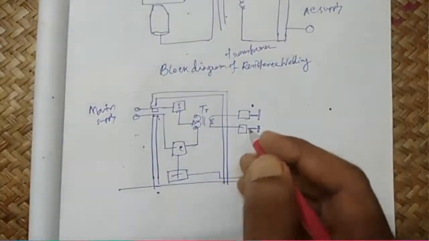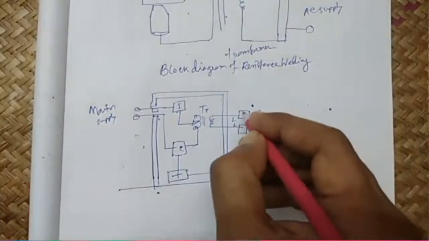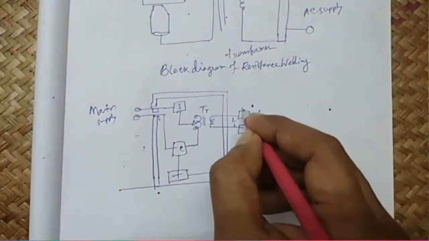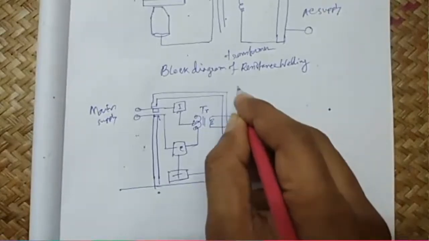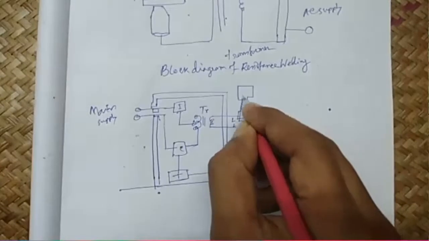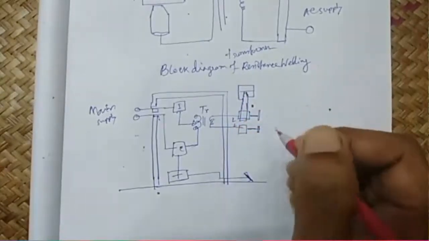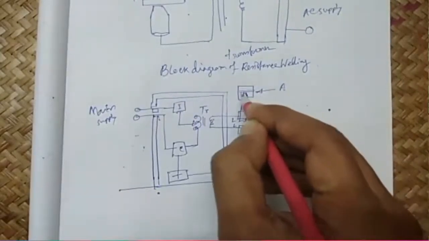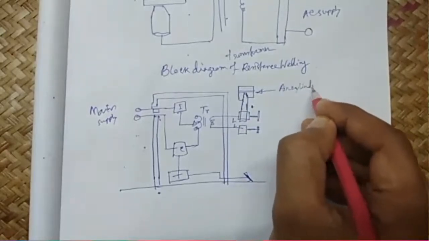So here these are the electrodes, and these electrodes are again connected with an air cylinder to apply pressure.